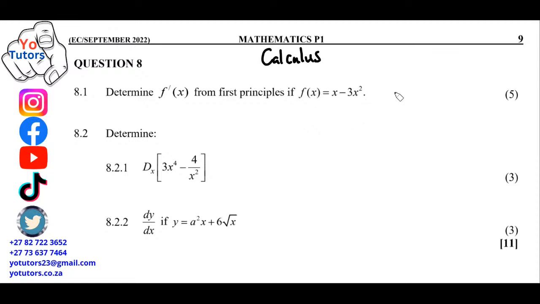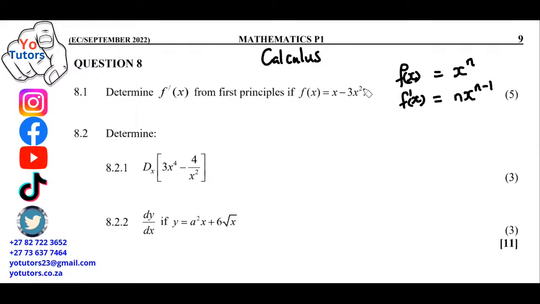Because what we know is that if f(x) is equal to x to the power of n, and you are looking for f'(x), the derivative of f(x), it's going to be n x to the n minus 1. So that's what we know. For this one, it's a quick method to have your answer aside and check, compare it with the final answer that you're going to get from the first principle. So that's what you need to do.